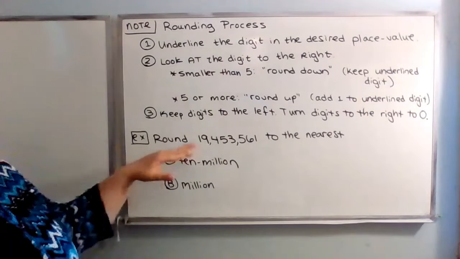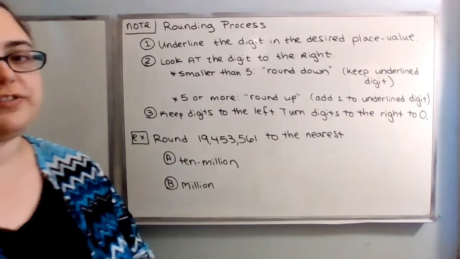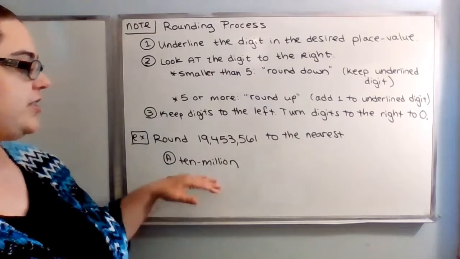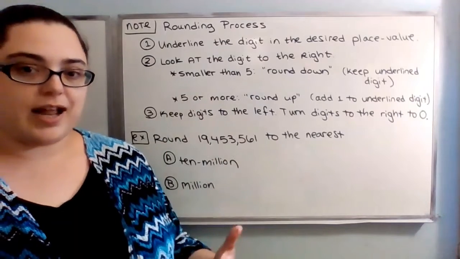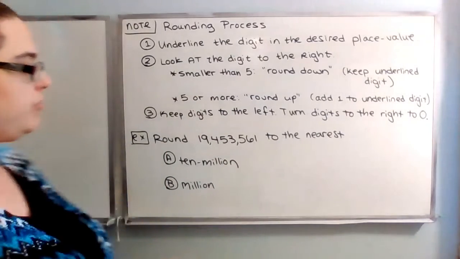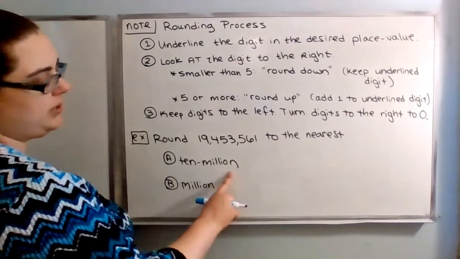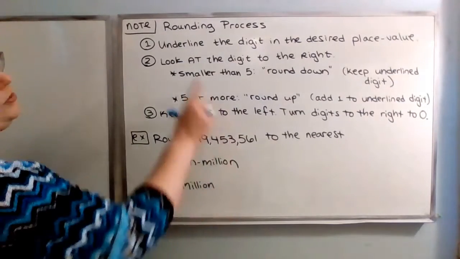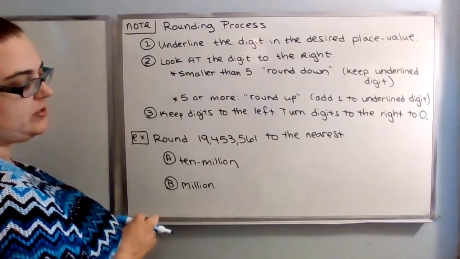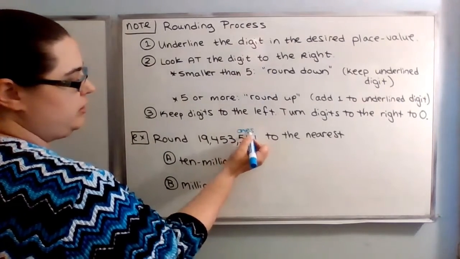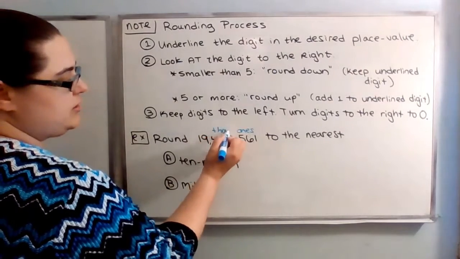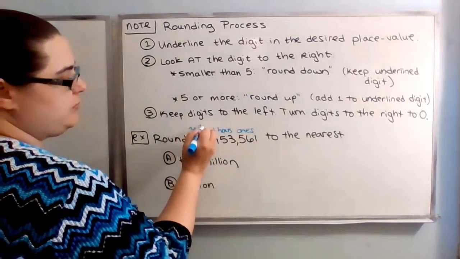So we're going to round 19,453,561 to the nearest 10 million and to the nearest million. And we're going to apply this rounding process so we can see it in action. So to round this number to the nearest 10 million, first we have to underline the digit in the 10 millions place. So just a reminder, this is the ones period, this is the thousands, and this is the millions.